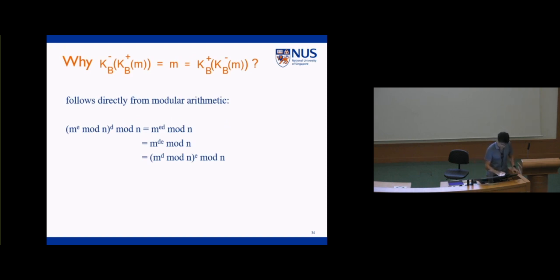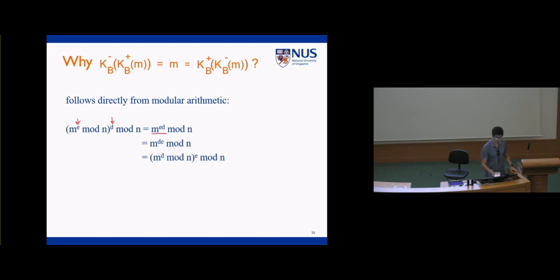So here, I'm first encrypting with the public key. I'm using E first as the exponential. And then I'm encrypting with the private key later on. I'm exponentiating with D later on. Again, we apply the exponentiation property of modulo operation we saw earlier. So this is equal to m to the ed.